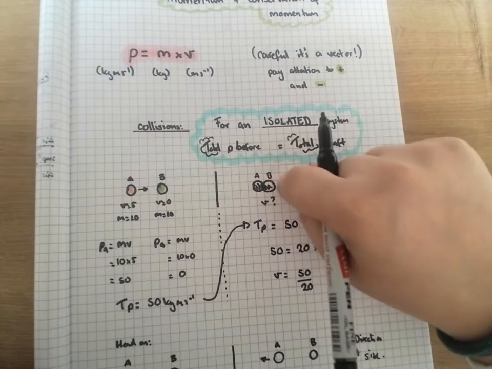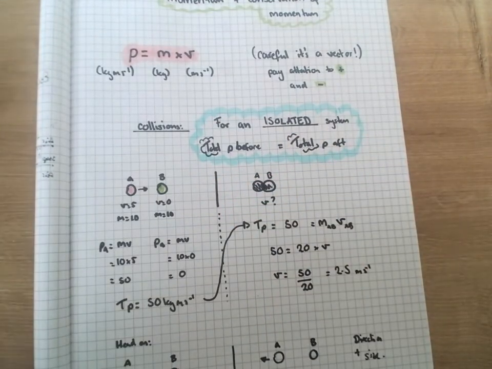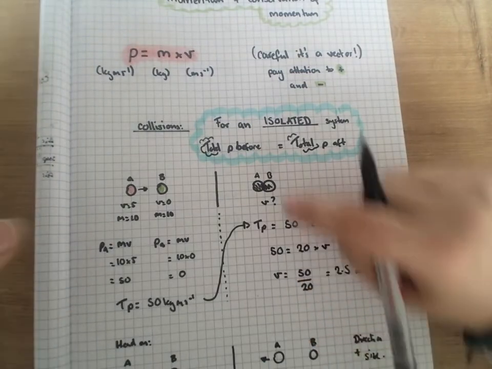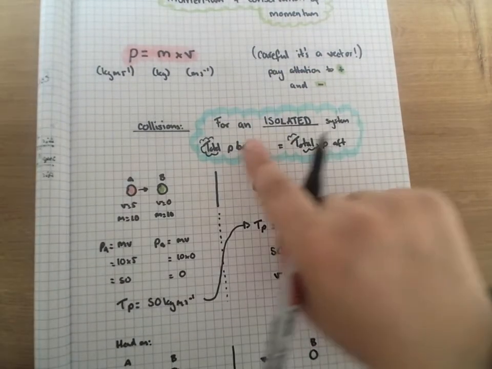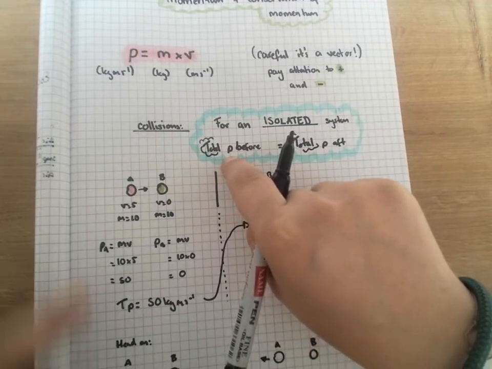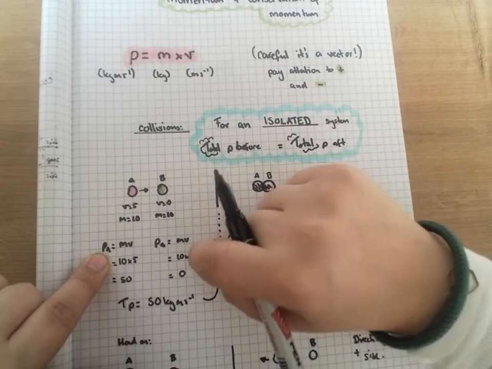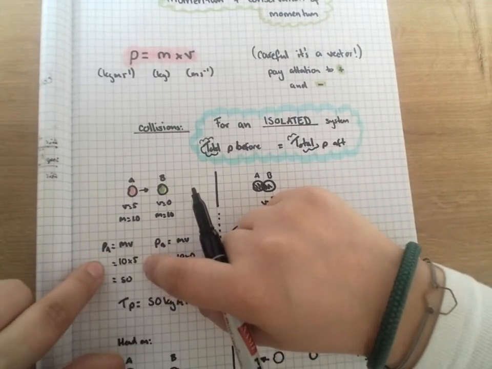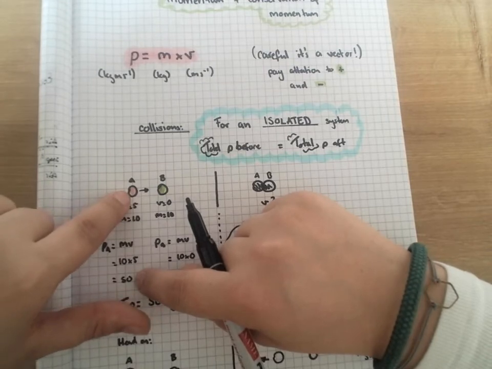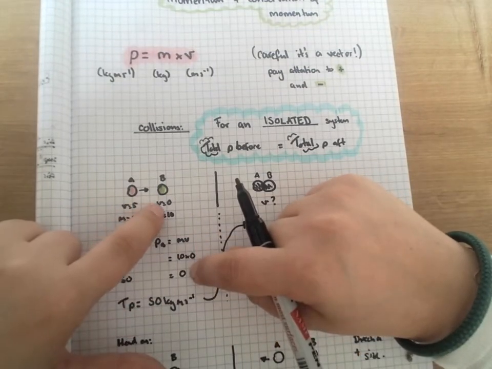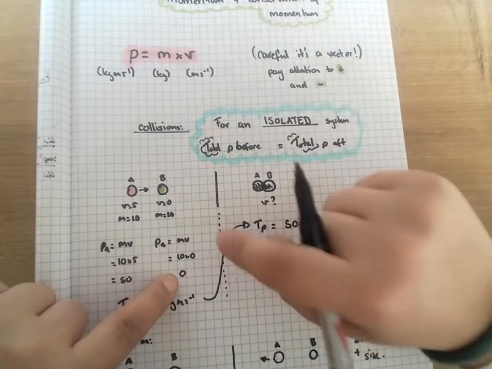So I've put a little line in to draw this out, and this is one of my big recommendations until you feel confident with momentum and conservation of momentum questions: often do a little sketch like this. So I'm going to look at my total momentum before the collision, the momentum of A plus the momentum of B. So mv and mv. 10 by 5, which is 50 kilograms meters per second for object A. Object B, because it's not moving, essentially has no momentum, because remember, it's a product of its velocity.